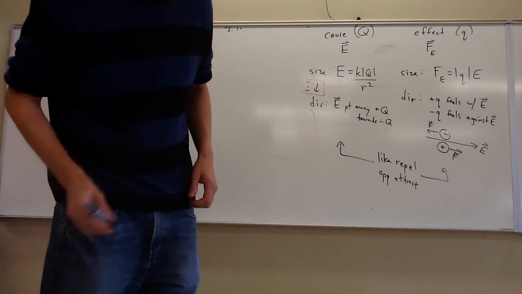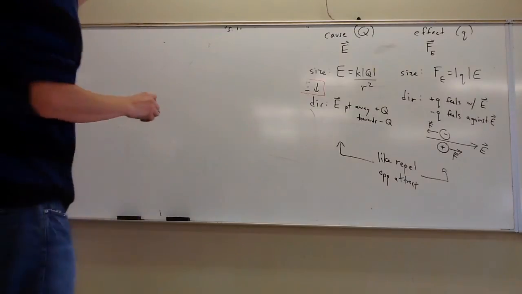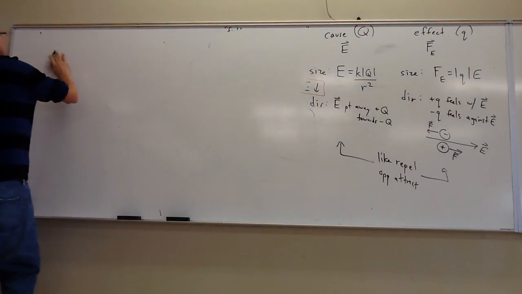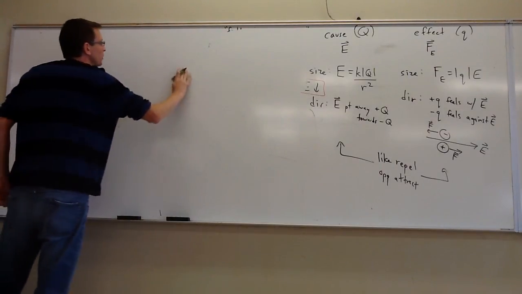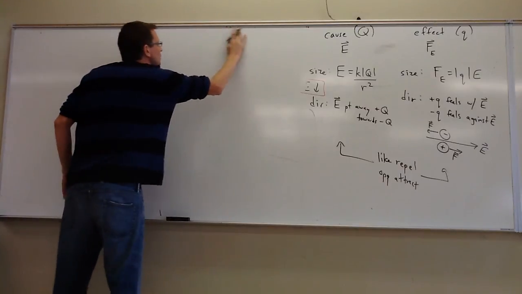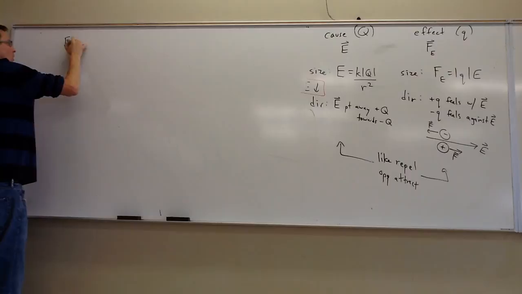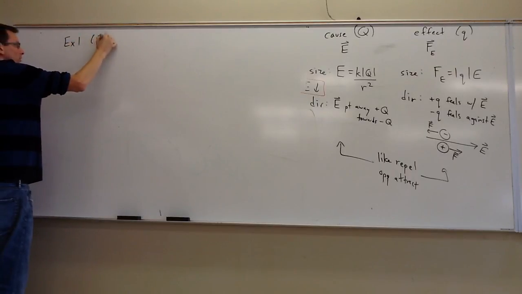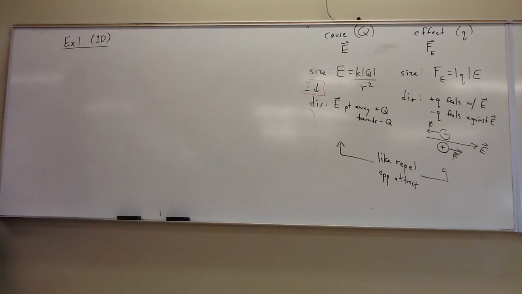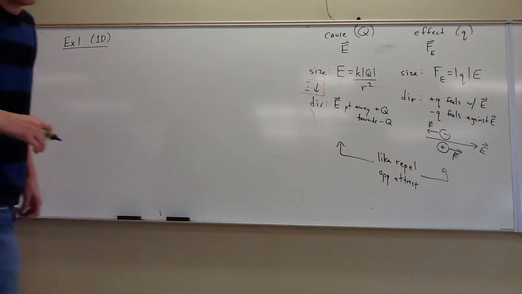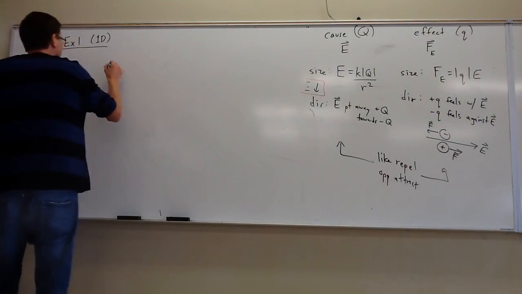So let me go ahead and do an example. I guess I'll do one example, which is in 1D, and then I'll sketch out at least a second example in 2 dimensions. So here's my example.